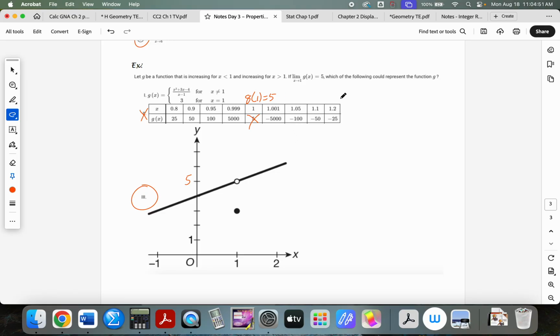And let's look at this first one. I'm going to go ahead and factor that expression. That's going to be x plus 4 times x minus 1 over x minus 1.